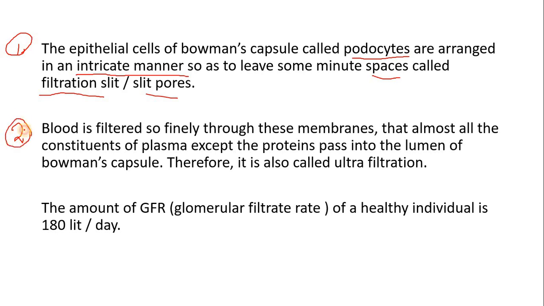The second point is blood is filtered so finely through these membranes that almost all constituents of plasma except the proteins pass into the lumen of Bowman's capsule. Due to this intricate system of podocytes, blood is finely filtered through the glomerulus or Bowman's capsule. Therefore, it is called ultrafiltration, because necessary particles like macromolecules are not filtered through these podocyte cells.